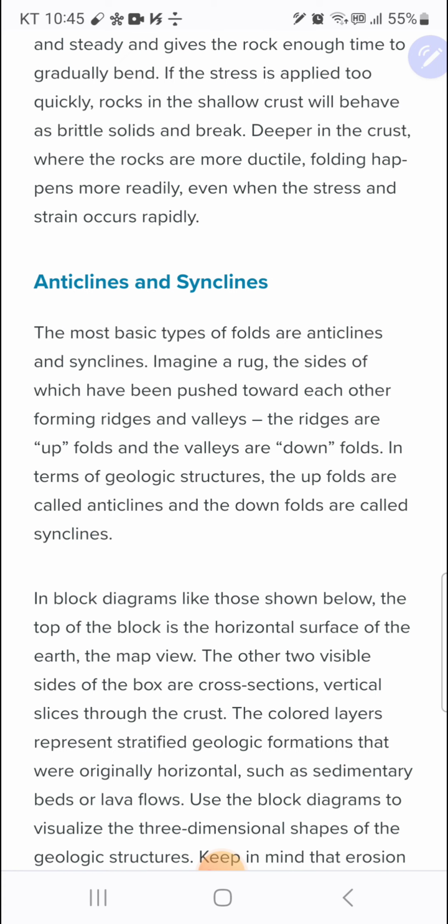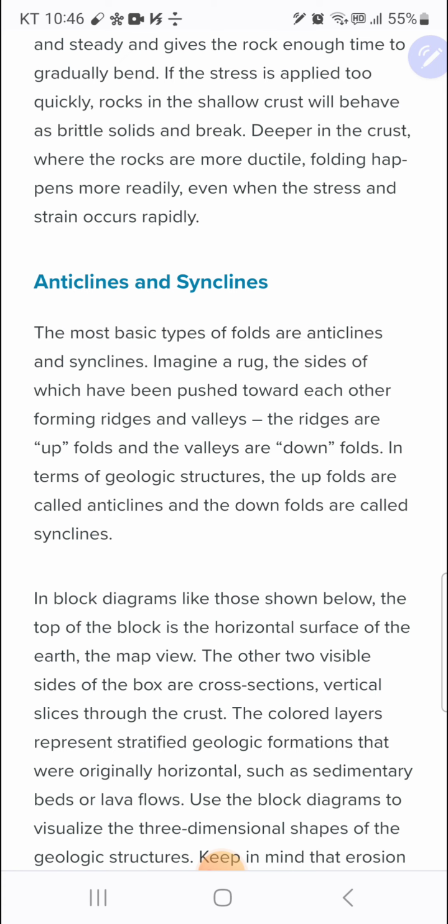In terms of geologic structures, the upfolds are called anticlines, right? Like a cup put on the shelf upside down, it is called an anticline, and the downfolds are called synclines.